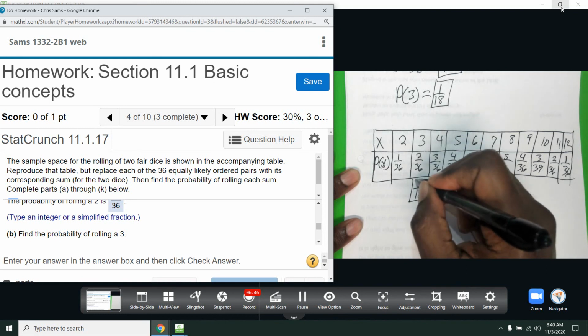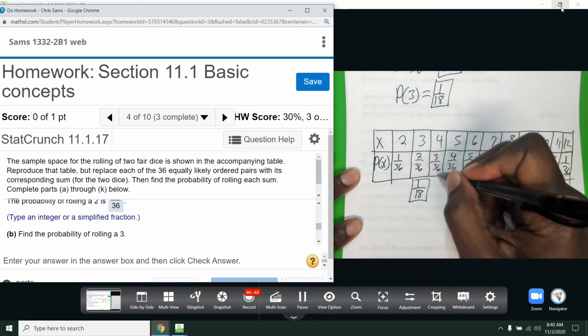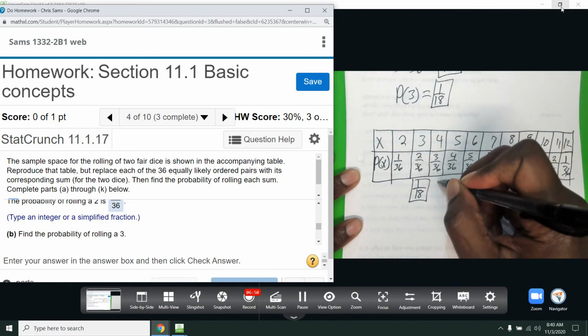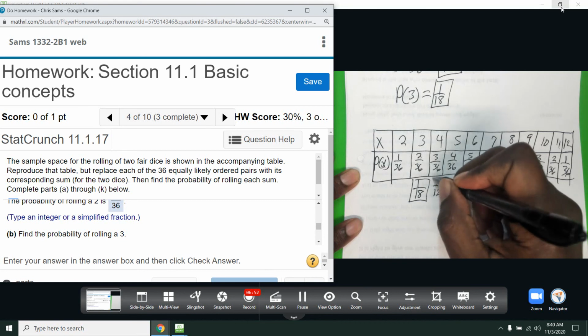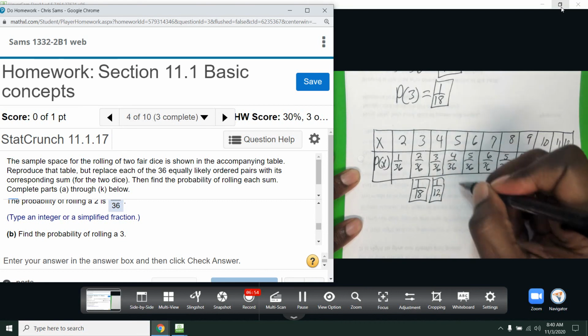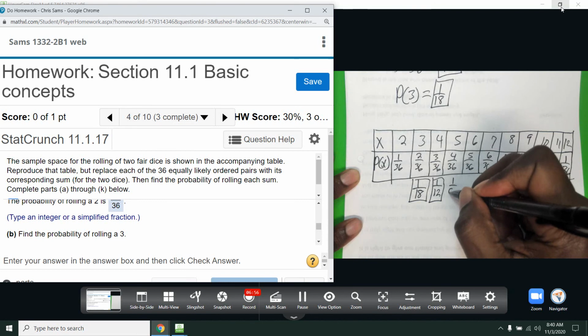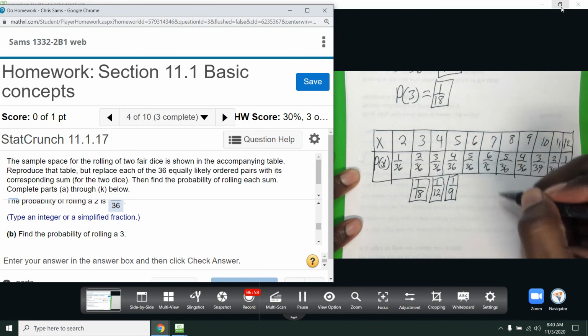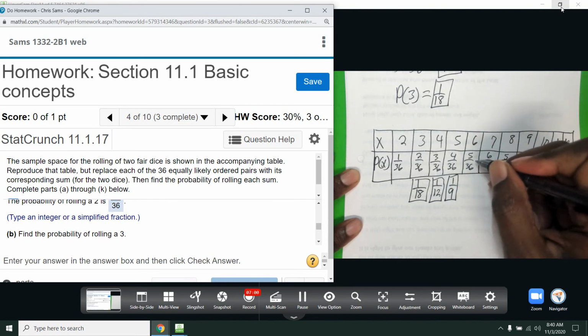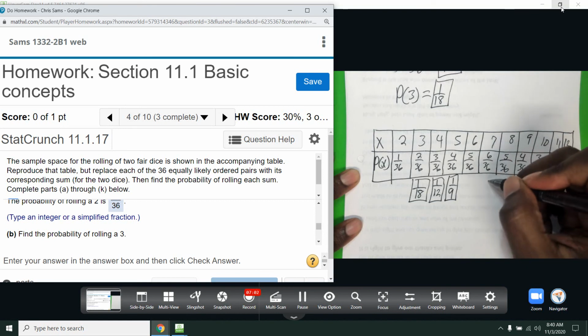3 out of 36, both divisible by 3, so 1 out of 12 is what we'll put in here. 4 out of 36 can reduce to 1 out of 9. 5 out of 36 will not reduce, and then here we get 1/6.